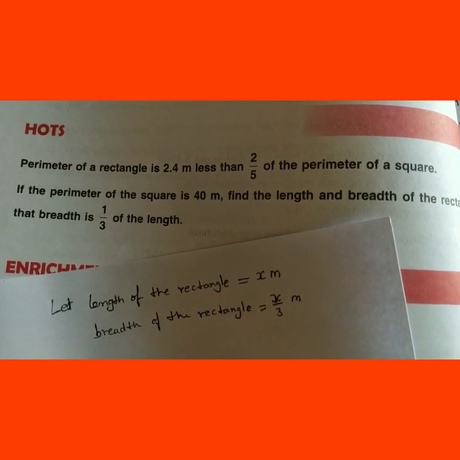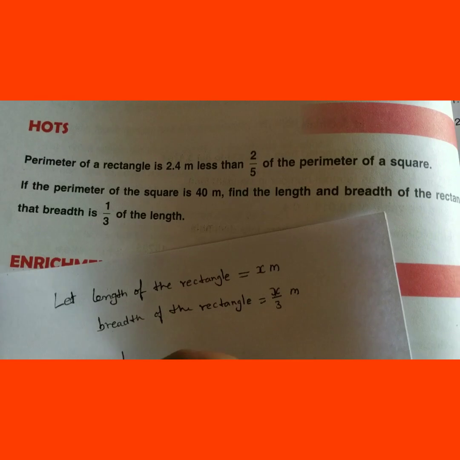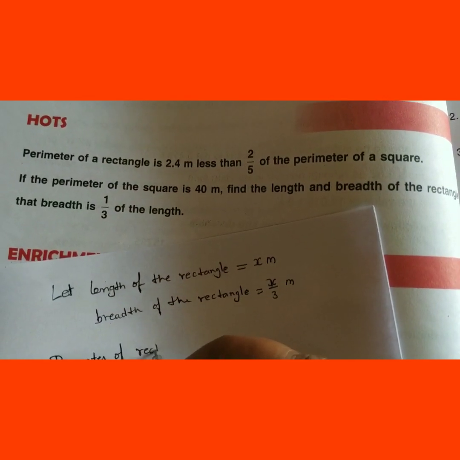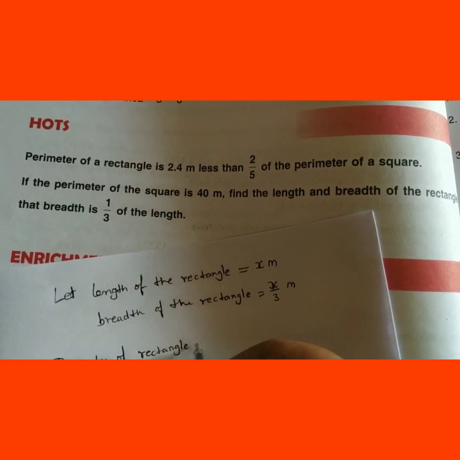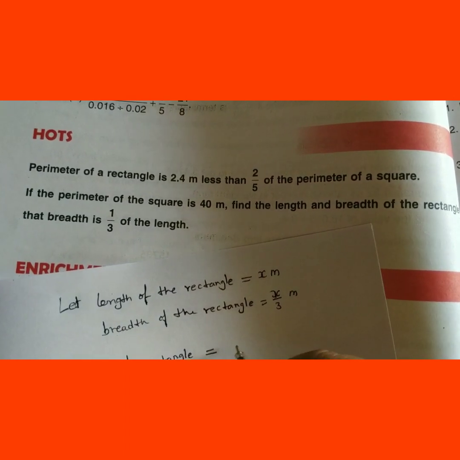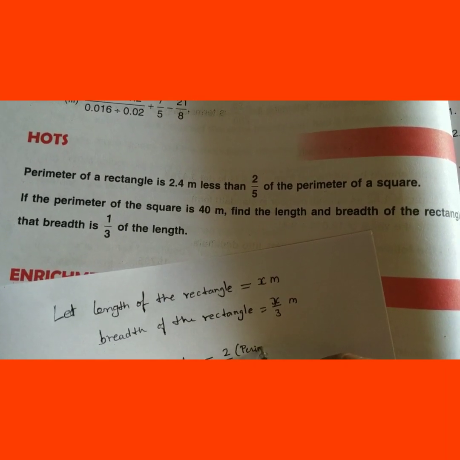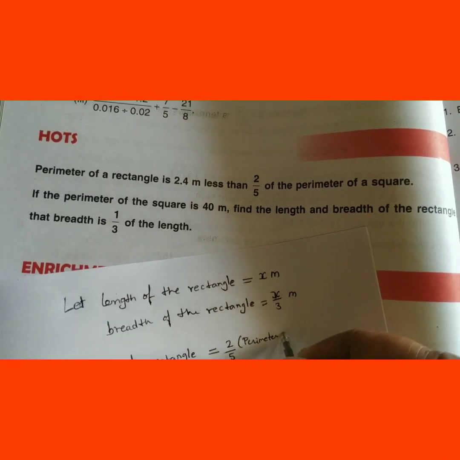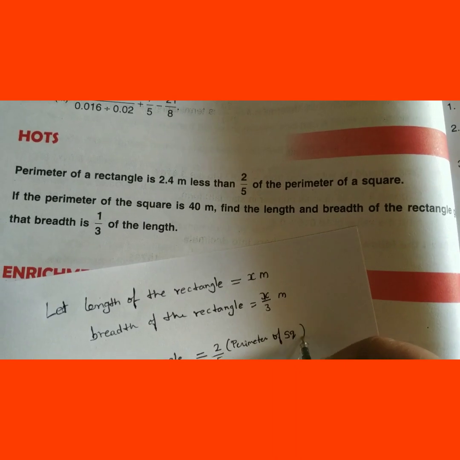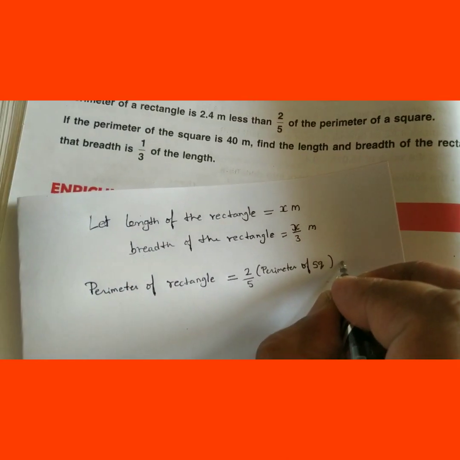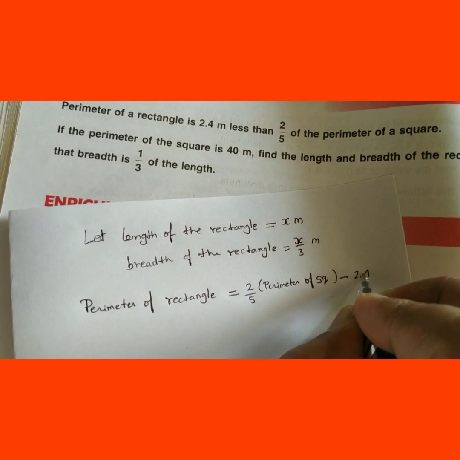So perimeter of rectangle is equal to 2 by 5 of perimeter of a square minus 2.4 meter.